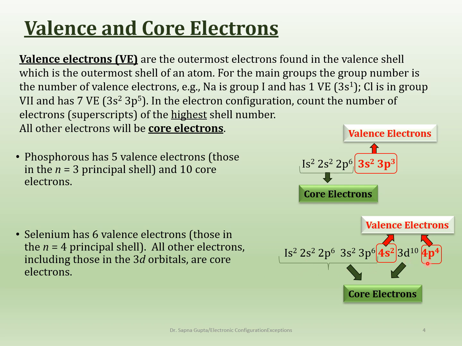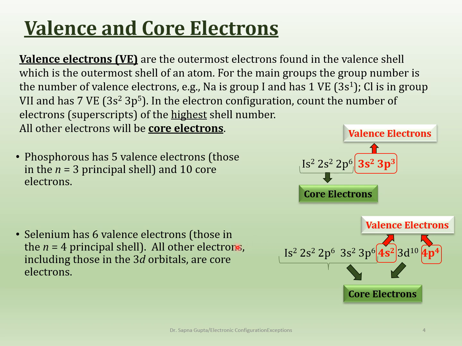But when you're trying to find the valence electrons, you're looking at the highest shell number, not highest energy. You look at the n number, and here it is 4, here also it is 4, which means 4 plus 2, that's 6 electrons for selenium.